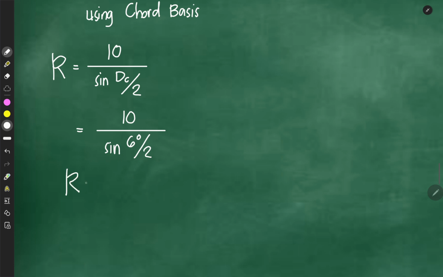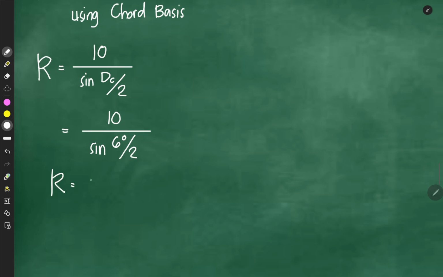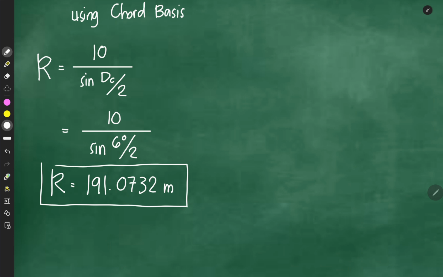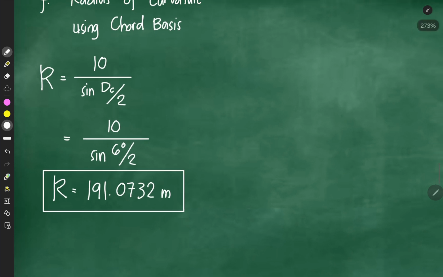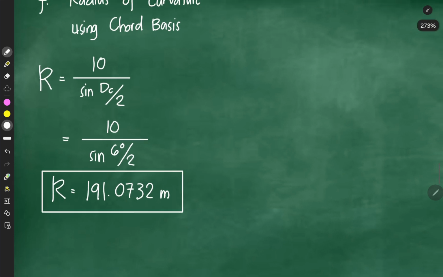The value of our radius is 191.0732 meters. This is now our answer for the radius using chord basis. This is our problem number 3.